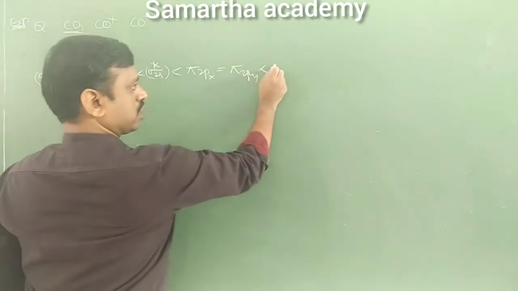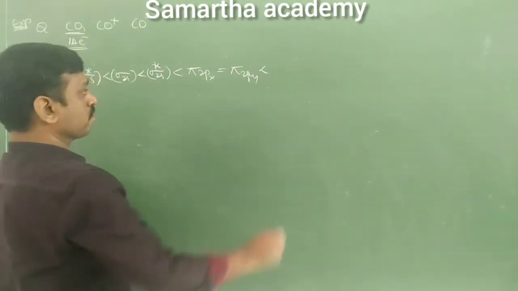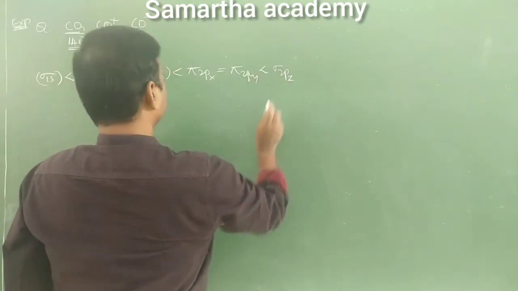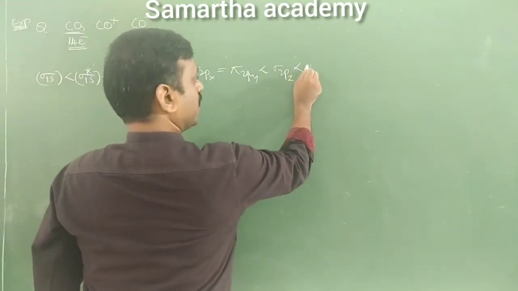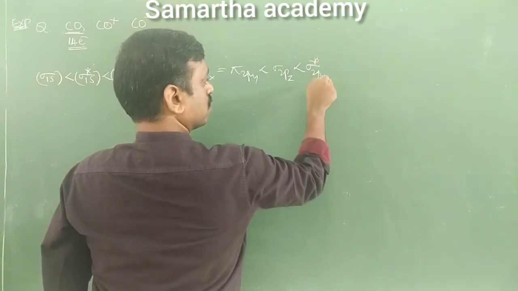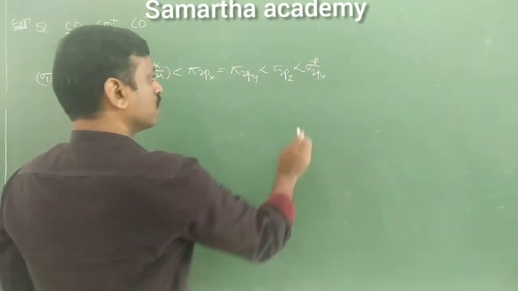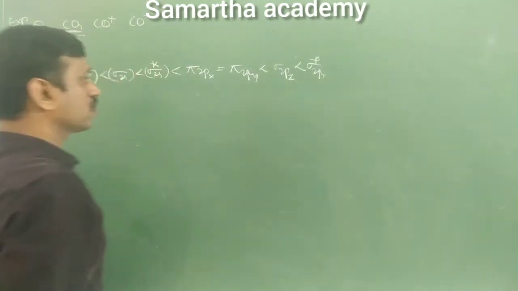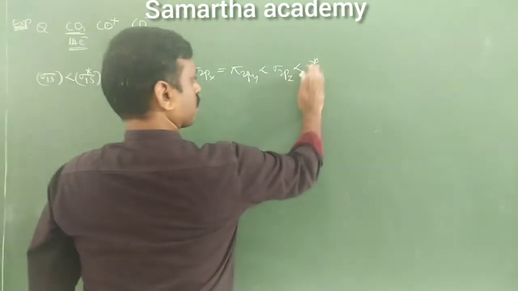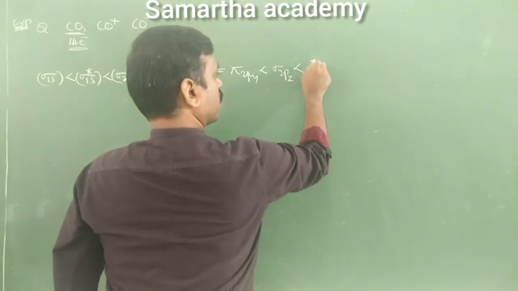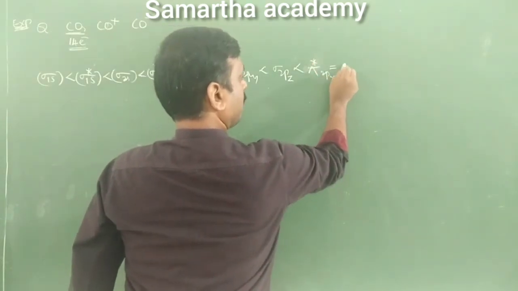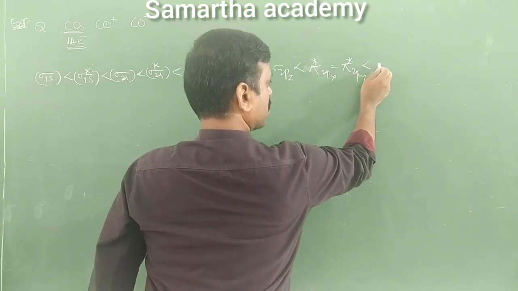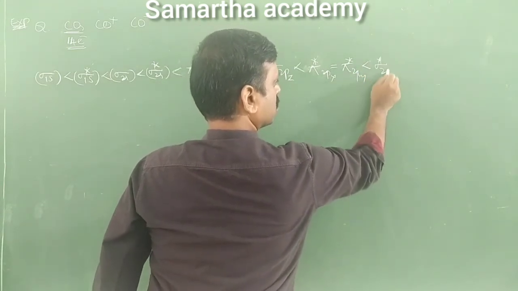Next, sigma 2pz, then pi star 2px, pi star 2py, sigma star 2pz, right?